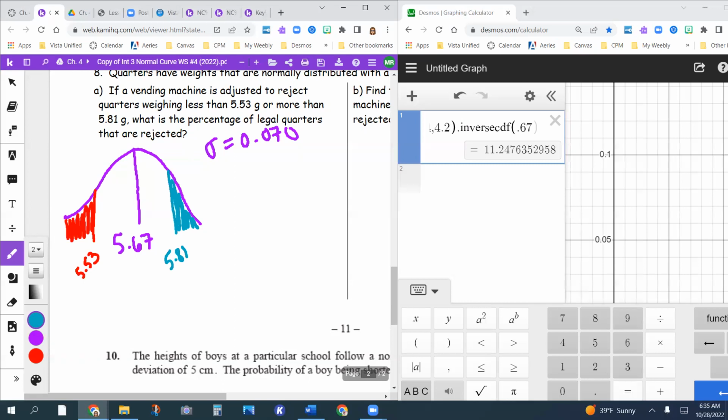So I can find each of these separately and add them together. So I could do this.